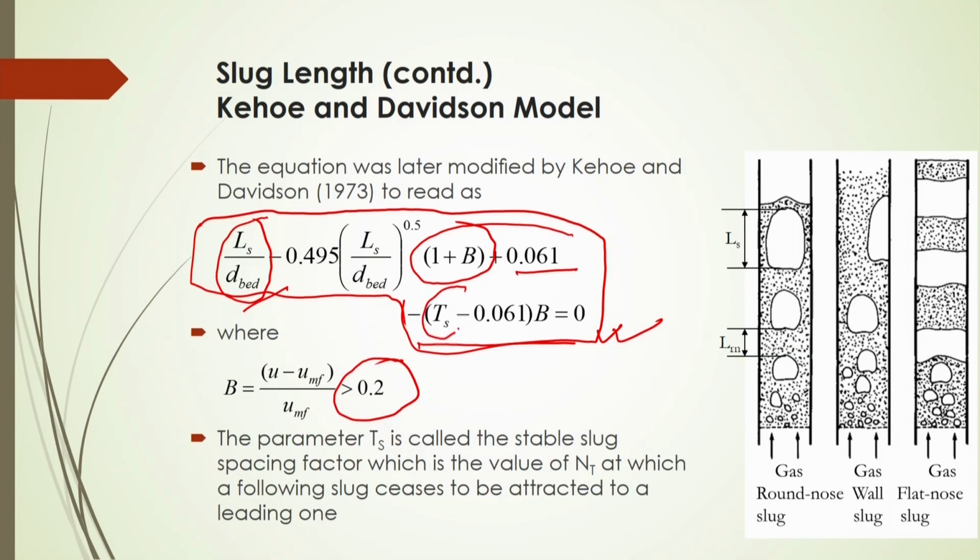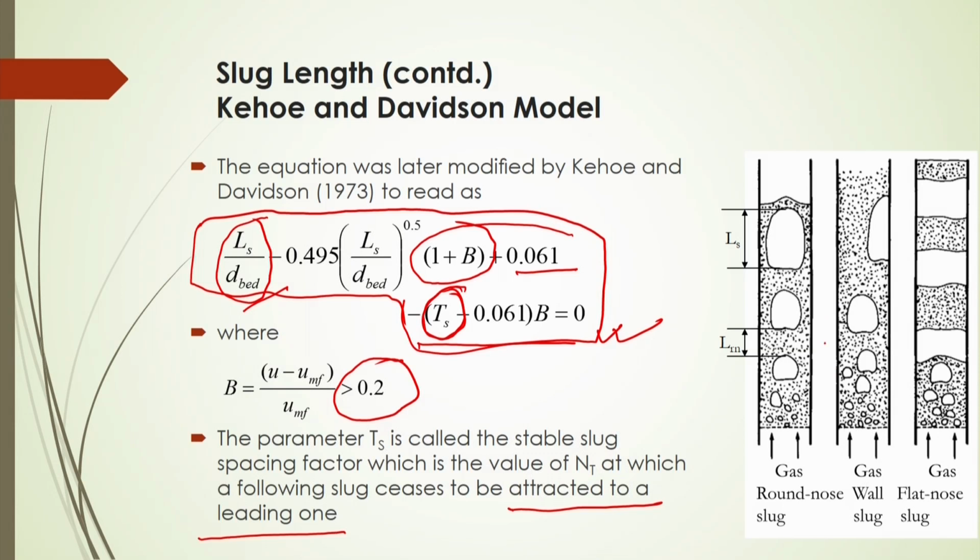This Ts, a very important point here, this parameter Ts is called the stable slug spacing factor, which is the value of Nt, which we have already calculated as follows: slug ceases to be attracted to a leading one, as per this. So, here Ts will be calculated based on this, whether this rear bubble will come to the leading one and form another big slug or not.